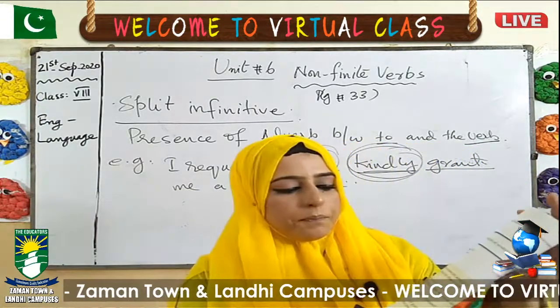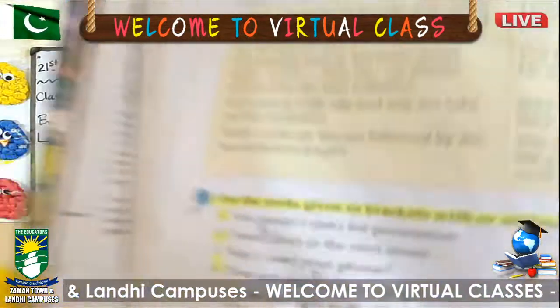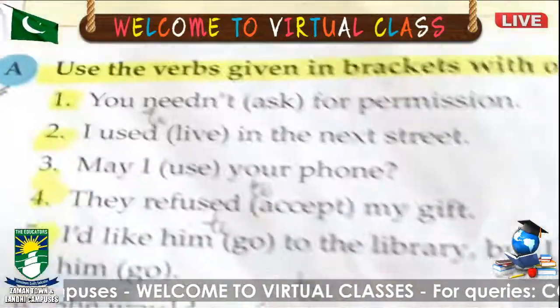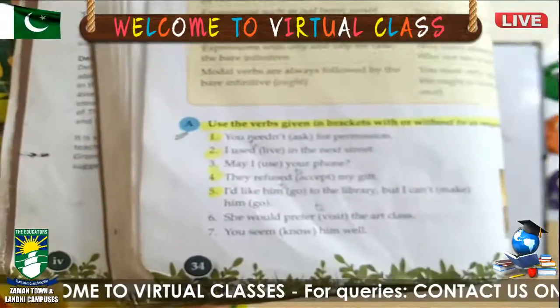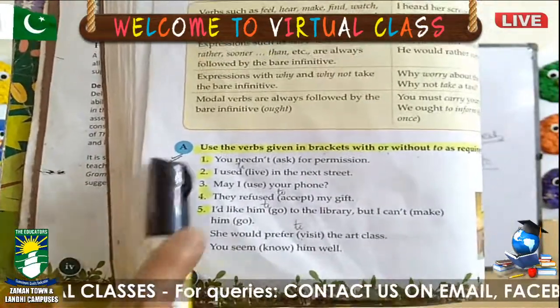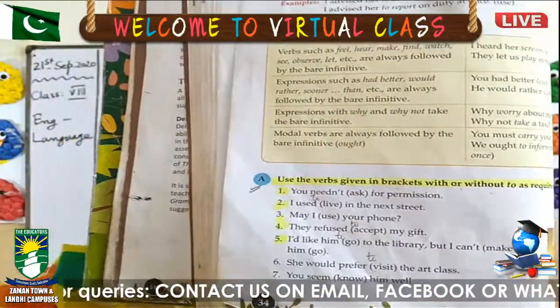Exercise A is on page number 34, the highlighted part, and you have to write the initial 5.